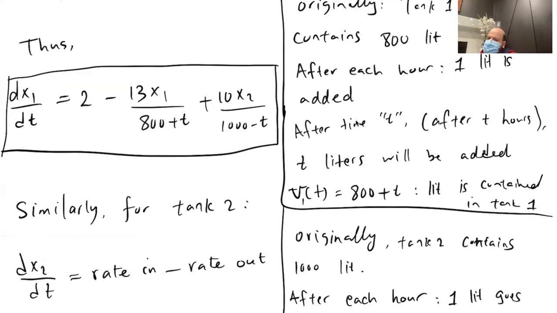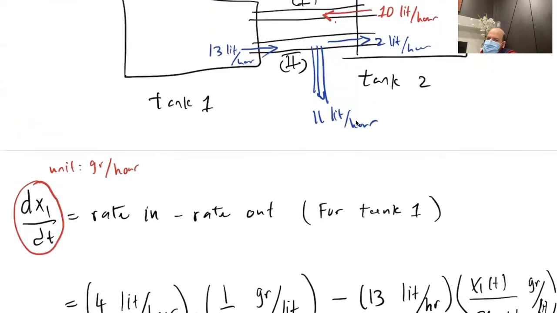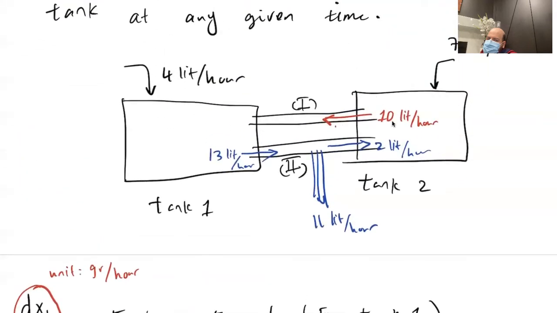We already calculated the concentration of the water that goes out from tank 2. So it's the concentration of the salt water in tank 2. Because this water goes out from tank 2, its concentration is the concentration of the salt water in tank 2. And we already calculated that.